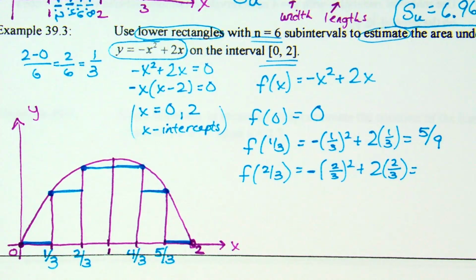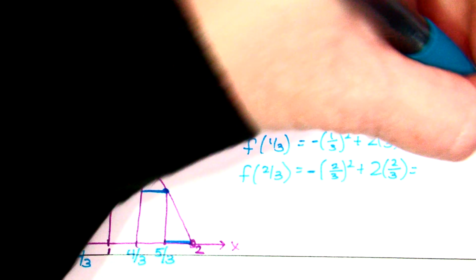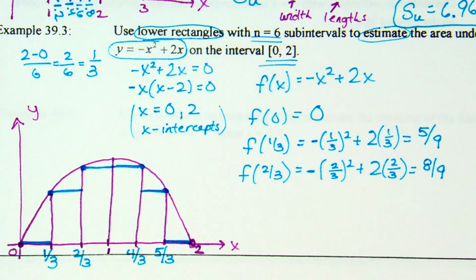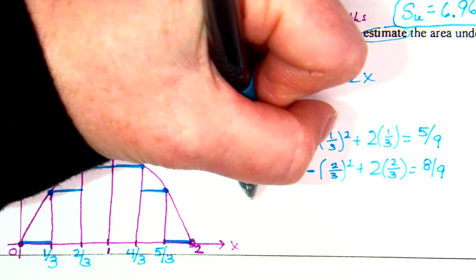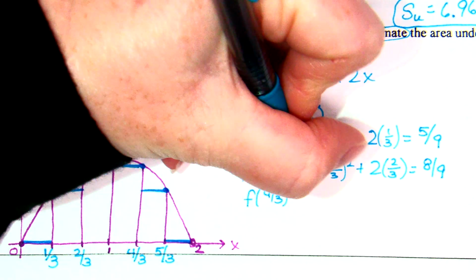So negative 4/9 plus 12/9, which is 8/9. What if I say I'm not going to do the math for 4/3, but I already know it? What did you guys tell me? What is f of 4/3? Don't do any math. 8/9.